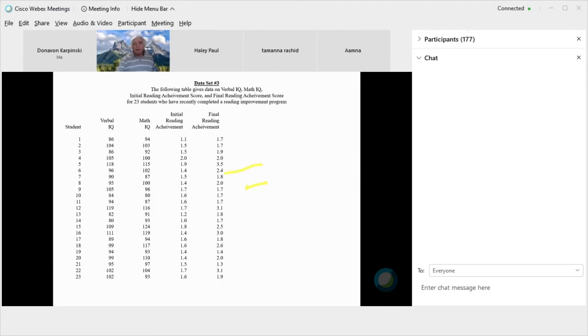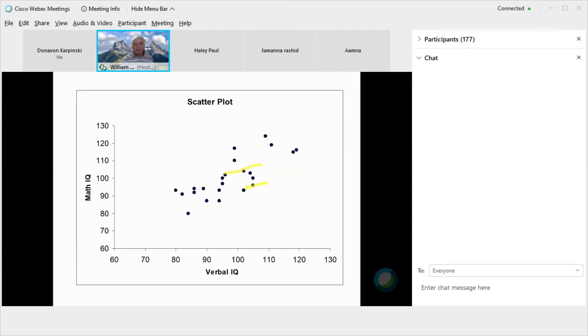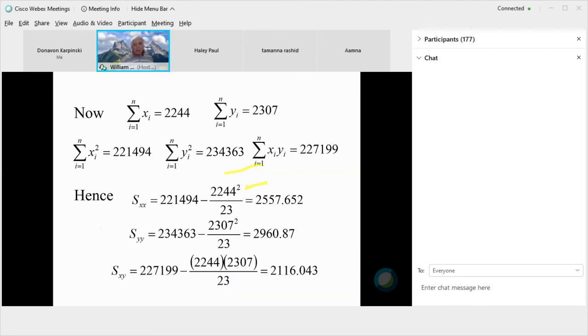Example, verbal IQ and math IQ. There's the data, and there's a scatter plot. From the scatter plot, you know that r is going to be positive, a little bit away from +1. So we compute these 5 sums: the sum of the x's, the sum of the y's, the sum of the x squareds, the sum of the y squareds, and the sum of the products.